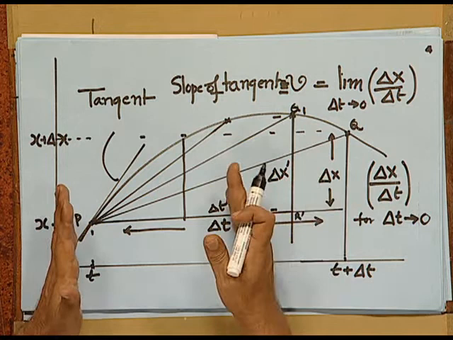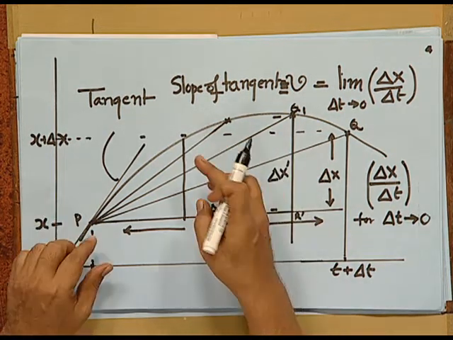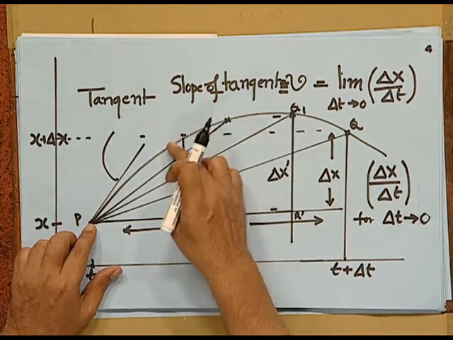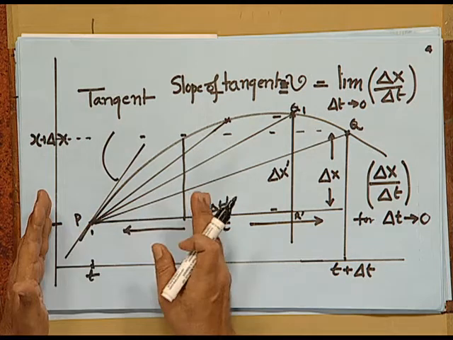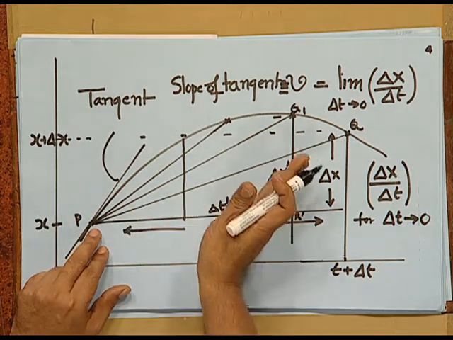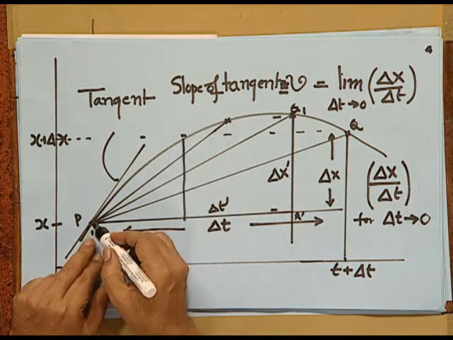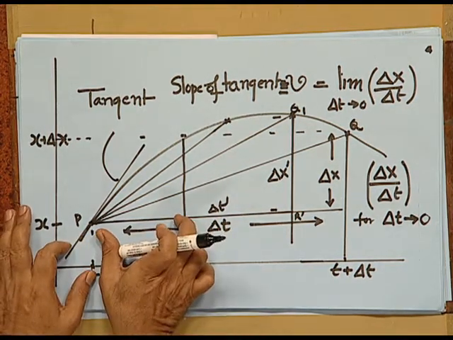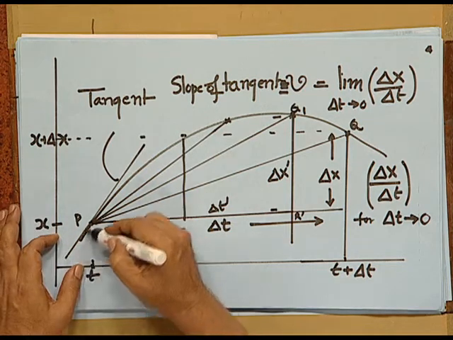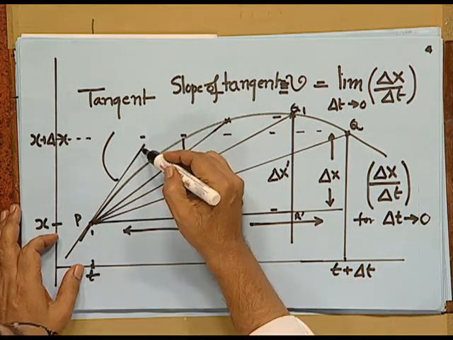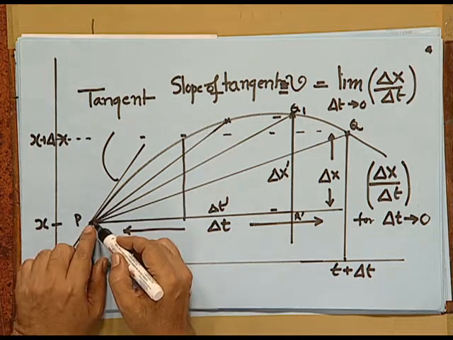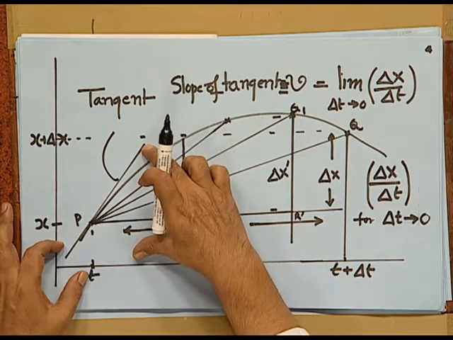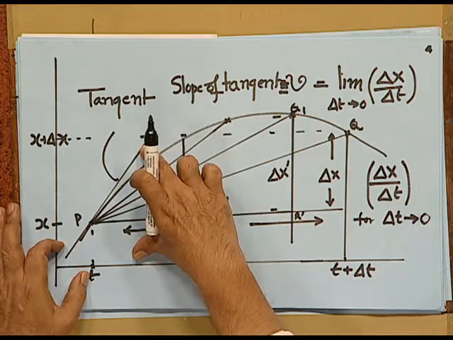You reduce this time gap smaller and smaller and make it almost 0. In that case the slope goes on changing, and at point P, when you make delta t almost tending to 0, you draw a line which is called the tangent line at the point P, and the slope of this line is called the instantaneous velocity.